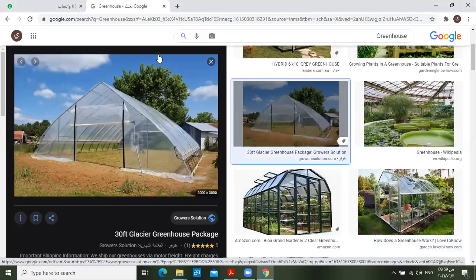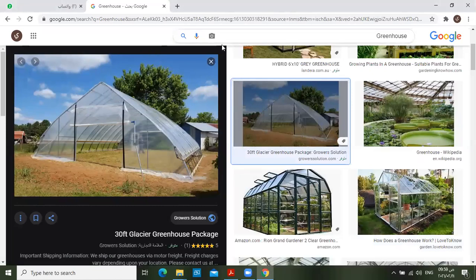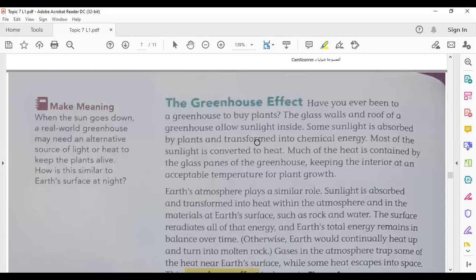Okay, we are talking about the atmosphere. What is the relationship between these greenhouses and the atmosphere? Why? What is the meaning of greenhouse effect?